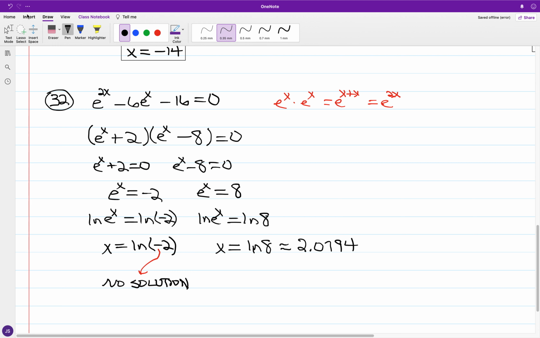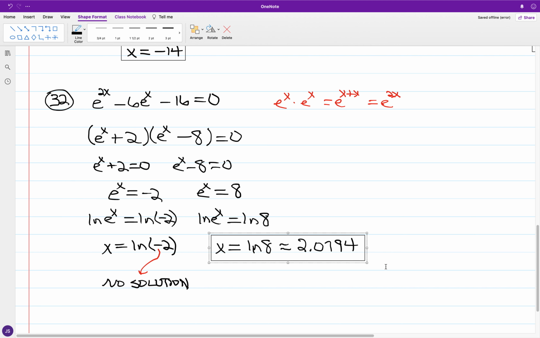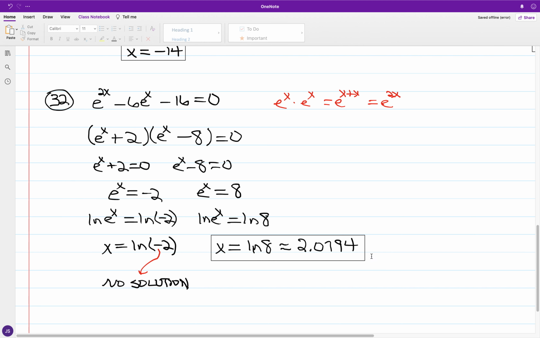So there's only one solution for x. That's the natural logarithm of 8, again about 2.0794.